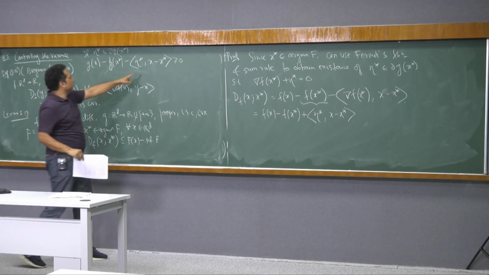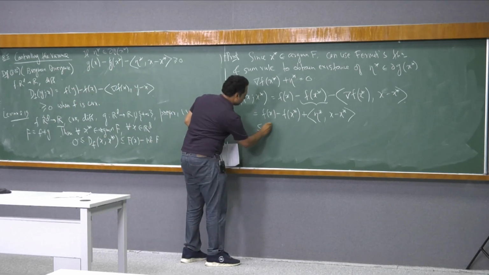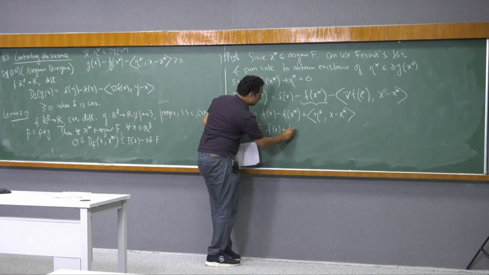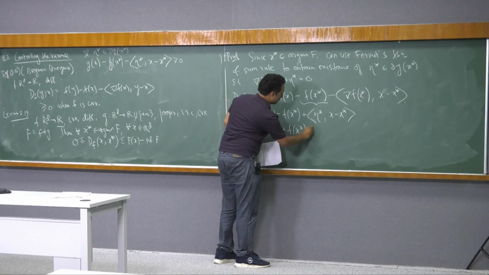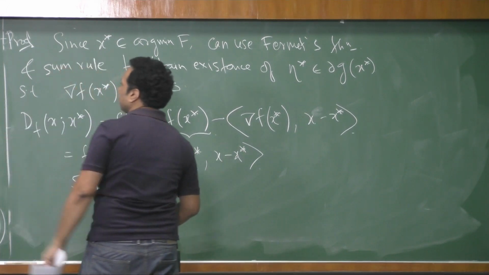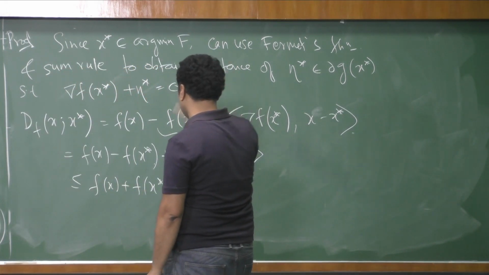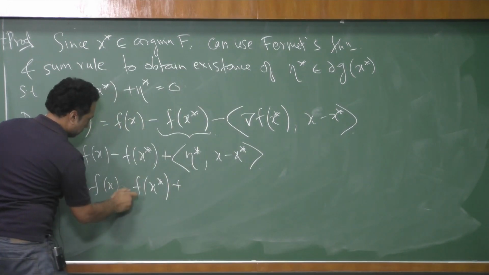So this is less than or equal to f(x) plus f(x star) plus g(x) minus, okay, that's interesting because here I missed that, that's what I was wondering.